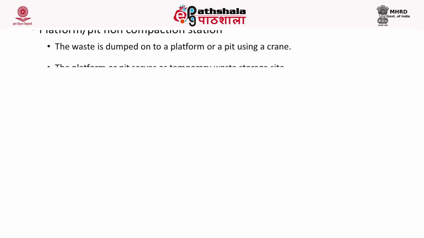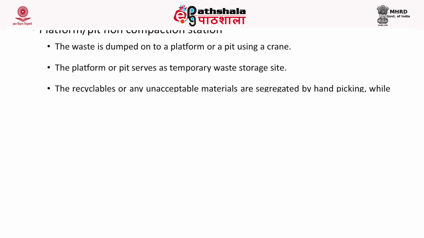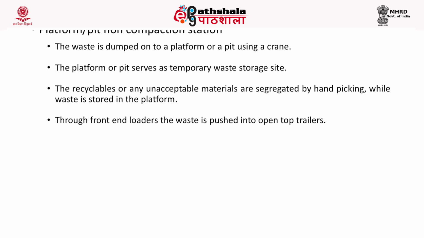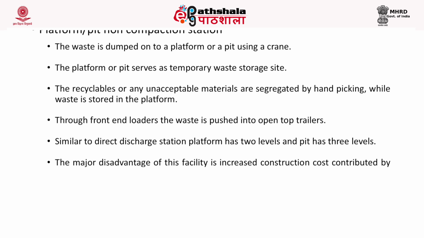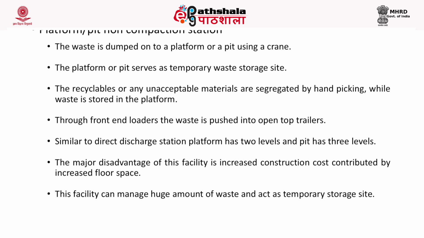Now, the second type, the platform or pit non-compaction station: the waste is dumped onto a platform or a pit using a crane. This platform or pit will serve as a temporary storage site too. The recyclables or any unacceptable matter are segregated by hand picking while the waste is stored in the platform, and through the front end loaders, the waste will be pushed into the open top trailers.